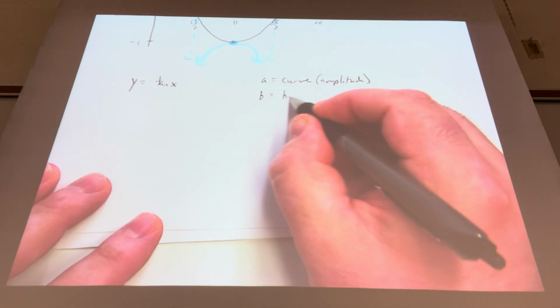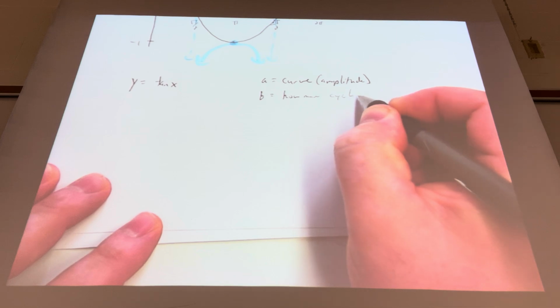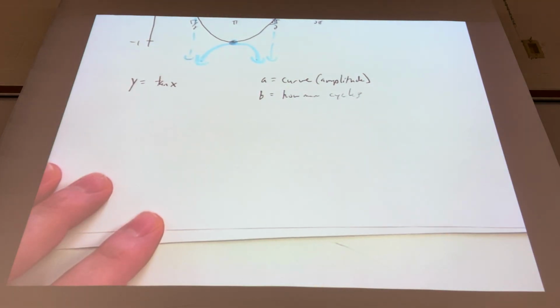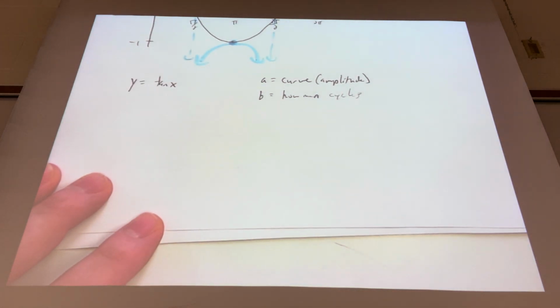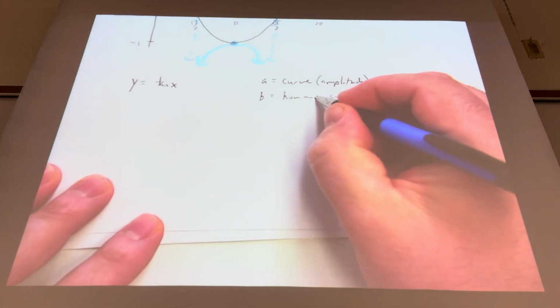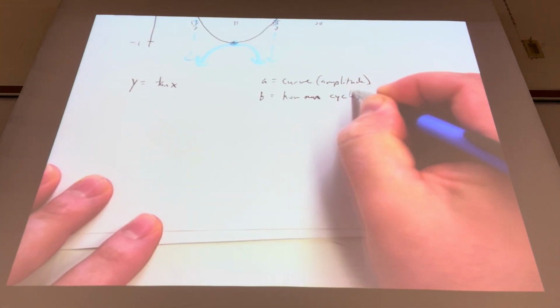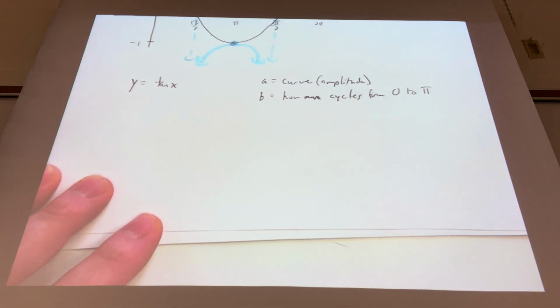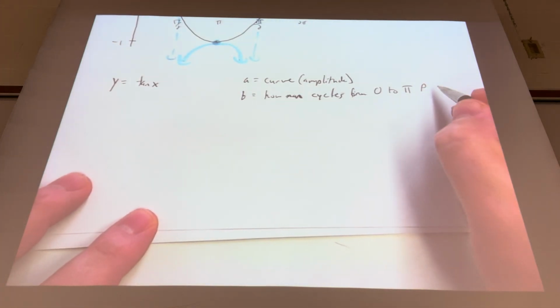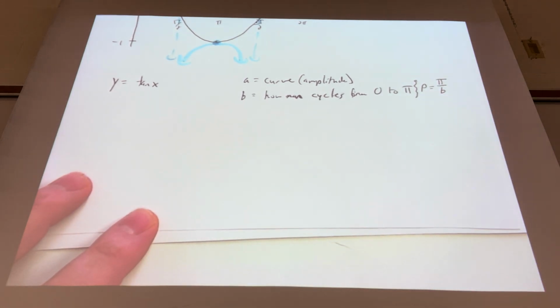B tells us how many cycles from 0 to pi, which means a period equals pi divided by b, versus the 2 pi.